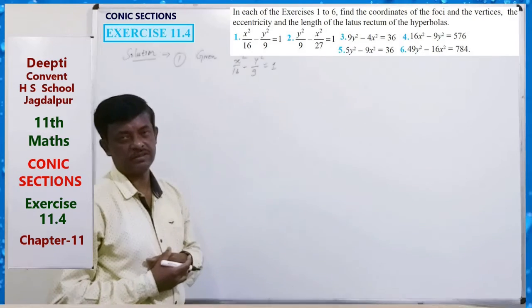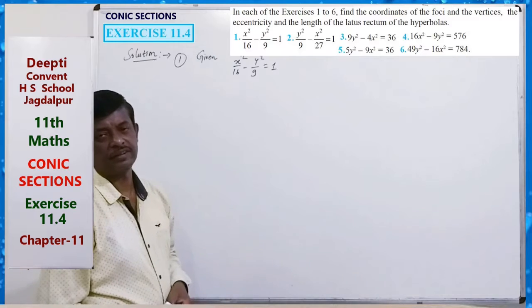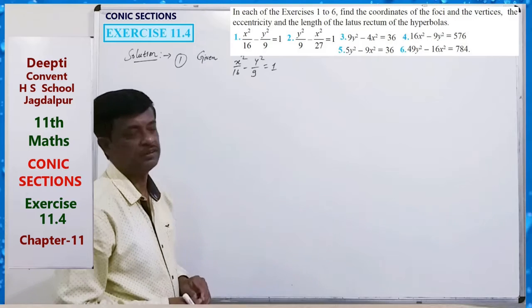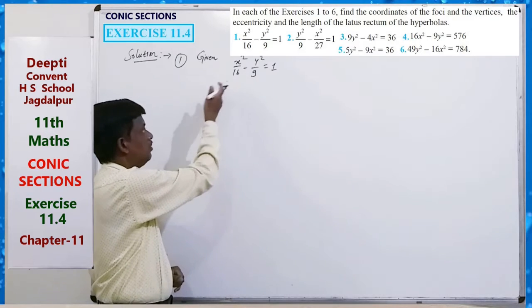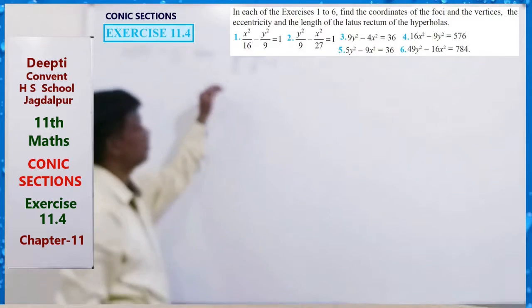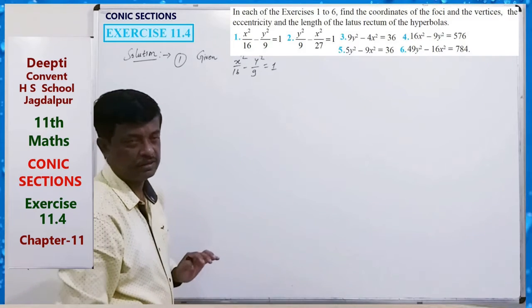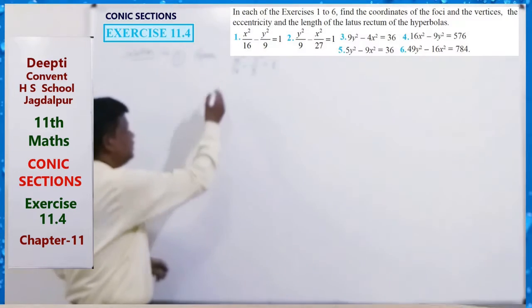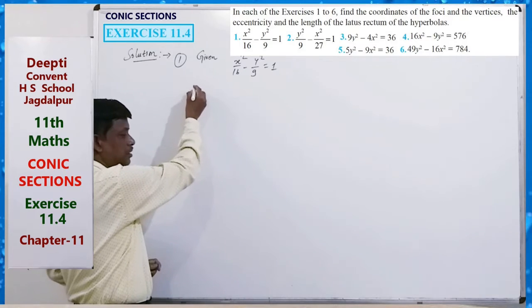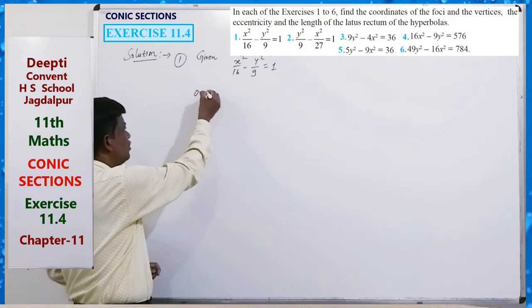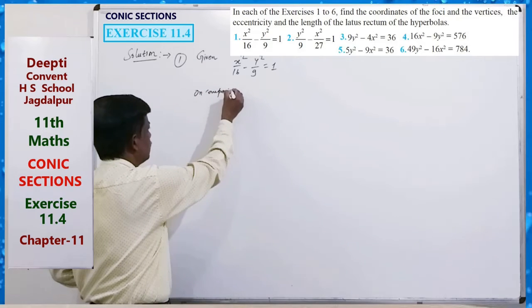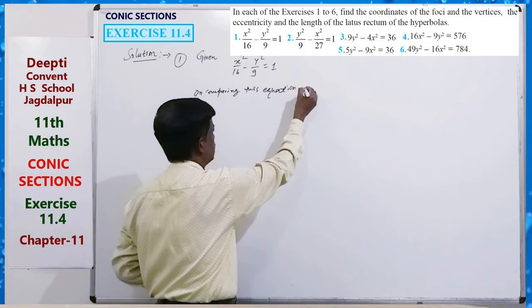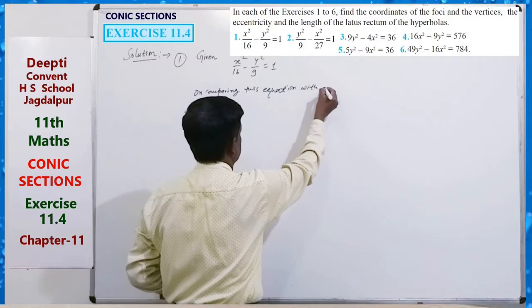The given equation is x square by this minus y square by this equals 1. That means its transverse axis is along the x axis.